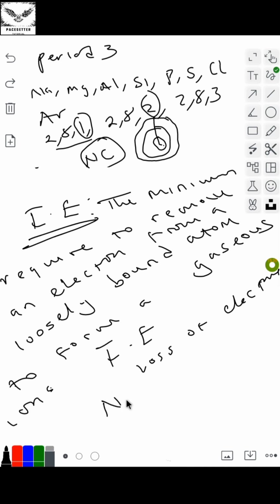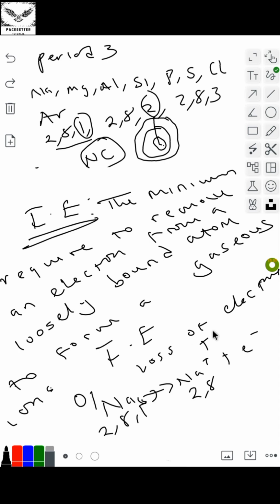So you could have something like this, for example. You see that this is 2,8,1. This is 2,8. What is exactly happening here? What's the oxidation state of sodium here? 0.